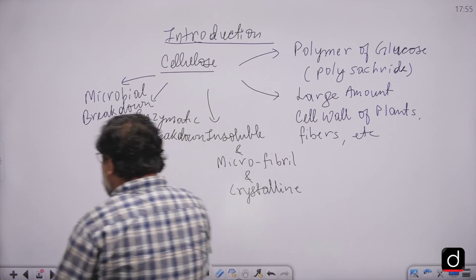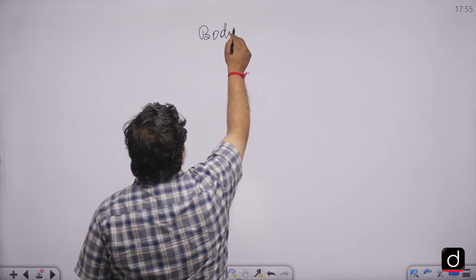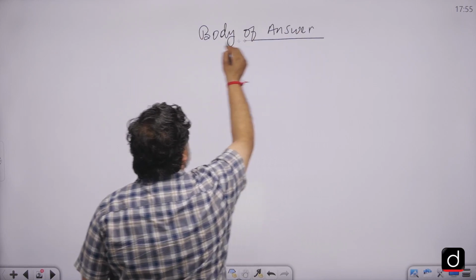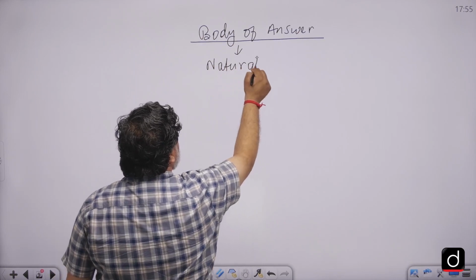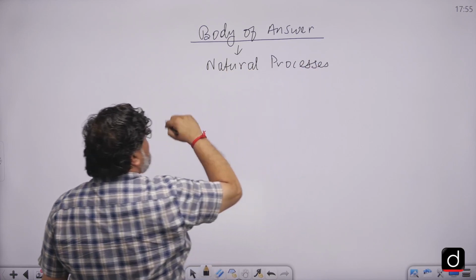So the body of the answer, now you have to focus in terms of the processes here. And since the question is asking about natural processes to convert cellulose, right?